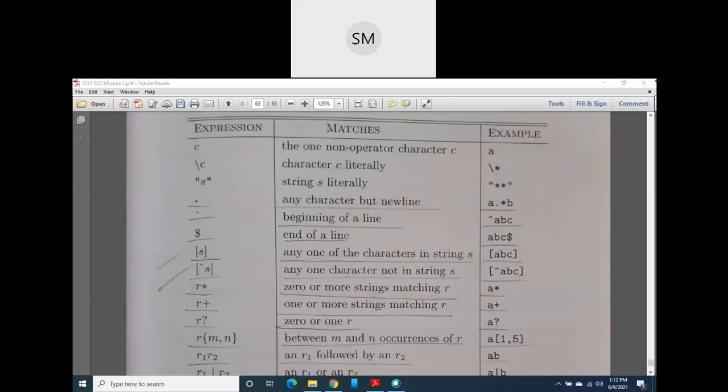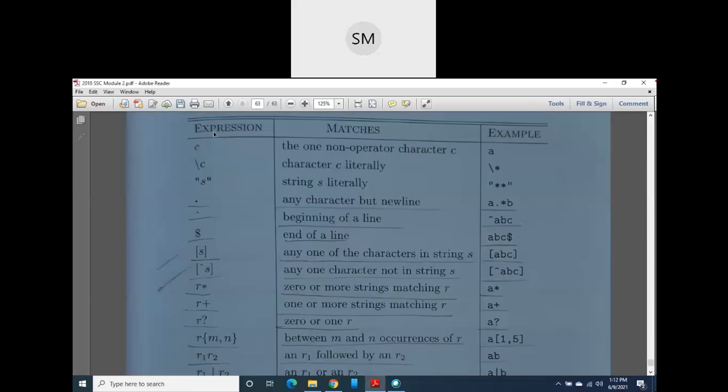And here I want to tell you some expressions and some examples. You can see here the regular expression C. This is a character or one symbol. What is it going to represent? It is going to match the one non-operator character C. It means it is just representing a character.